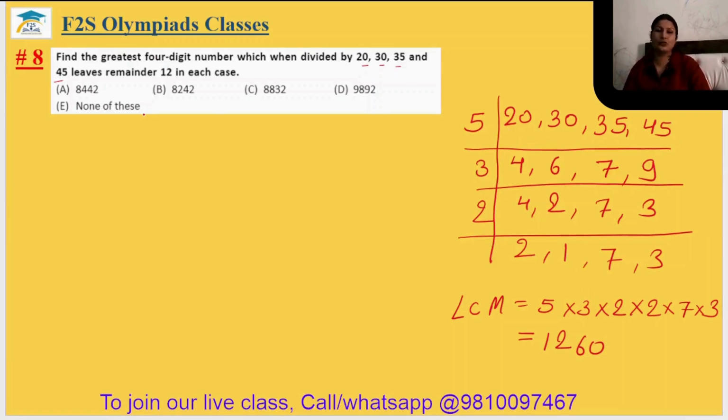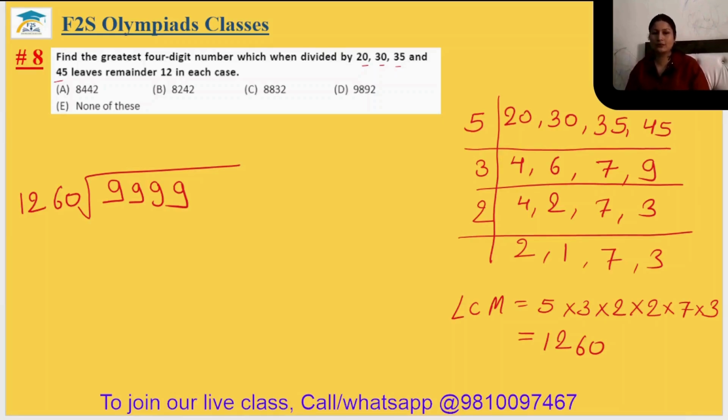Now the greatest four digit number is 9999. How can we find that number which after dividing by these numbers leaves the remainder 12 in each case? In this question, first we will find the LCM of these numbers and then we will divide the greatest four digit number by the LCM 1260, and the remainder you find, just subtract it from the greatest four digit number.